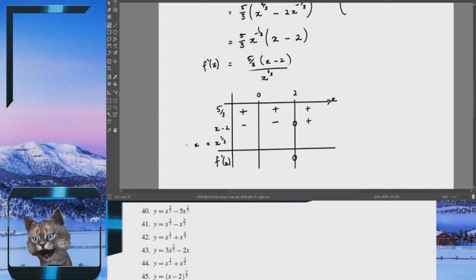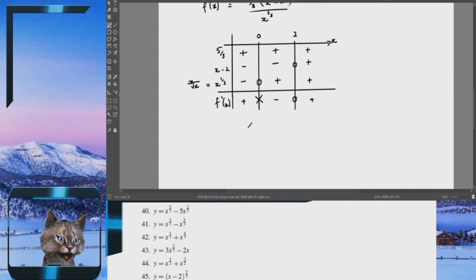X to the 1/3, or the cube root of x, is going to be 0 when x is 0. It's in the denominator, so it makes the function undefined. It's going to go negative to positive as well. So I have two negatives, one negative, and no negatives.